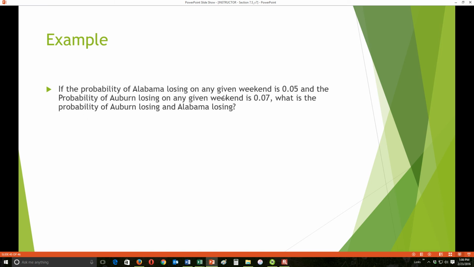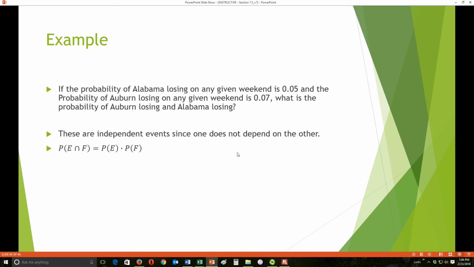If the probability of Alabama losing on any given weekend is 0.05 and the probability of Auburn losing on any given weekend is 0.07, what is the probability of Auburn losing and Alabama losing? These are independent events since the first one doesn't depend on the second. So the probability of their intersection, that's an AND statement, is the probability of E times the probability of F. So the probability both teams lose is 0.0035.